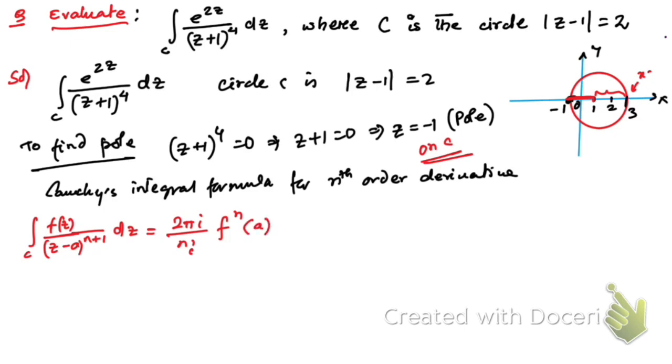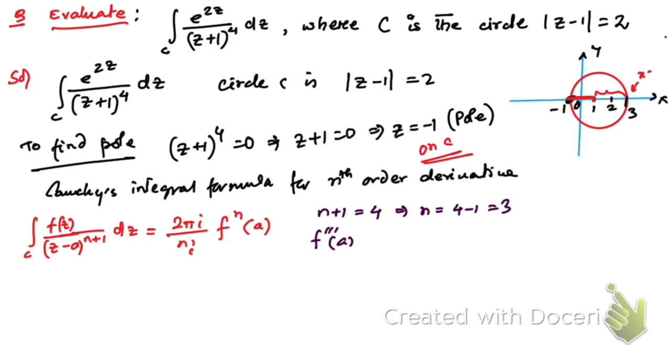That's what we have got, right? So in this case n plus 1 is 4, so n is going to be 4 minus 1, that is 3. So now let us find the third order derivative of f at a.